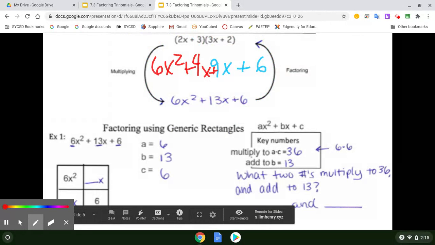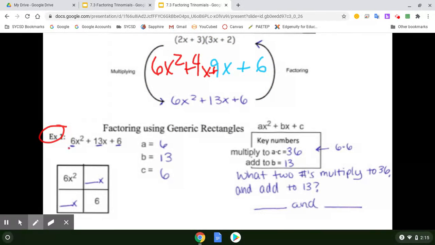So in example 1, we are starting with the area or product 6x squared plus 13x plus 6. When it comes to polynomials of degree 2, we generally write them in this format. So notice the number in front of x squared is identified as a, the number in front of x is identified as b, and the number at the end, which is the constant, is identified as c.